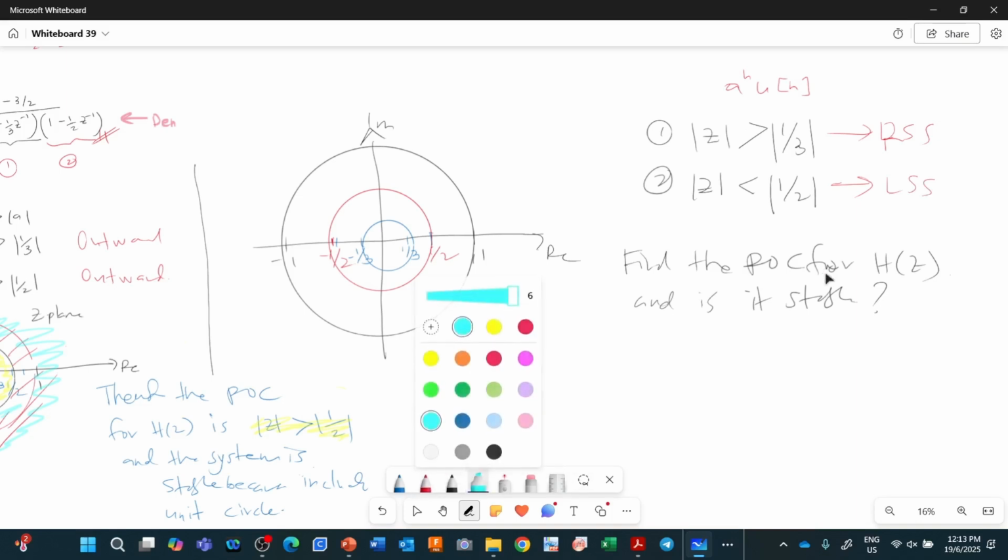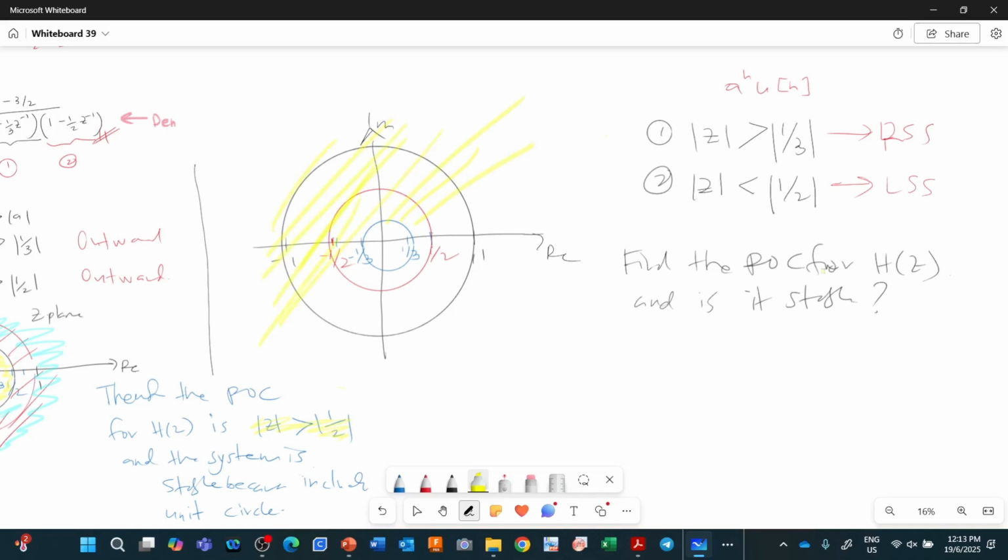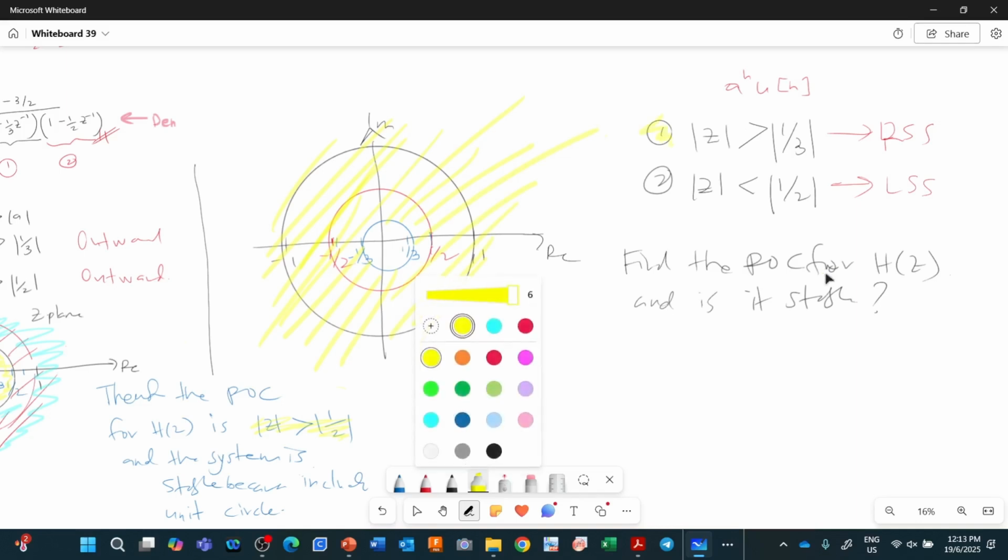First, we plot the first, Z more than 1/3. So Z more than 1/3 will be outward. Second one is Z less than 1/2.